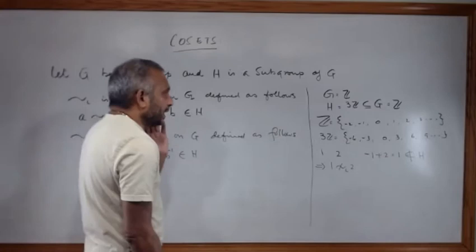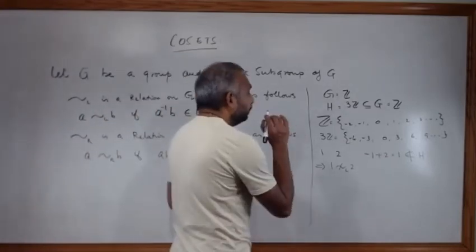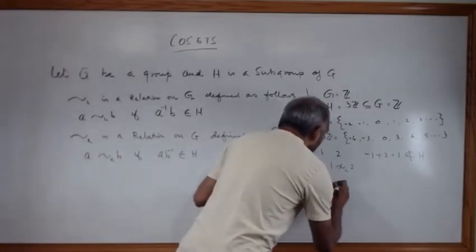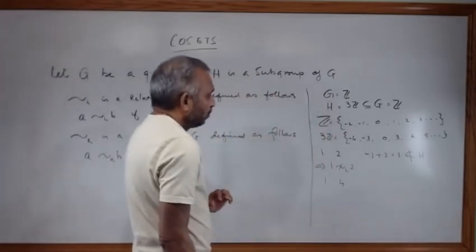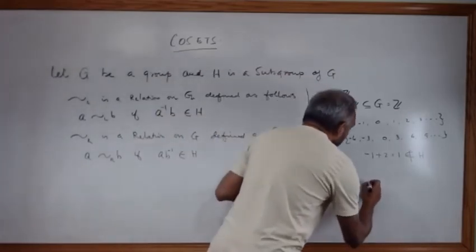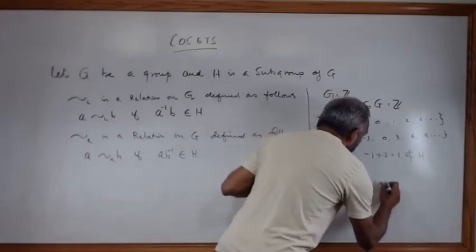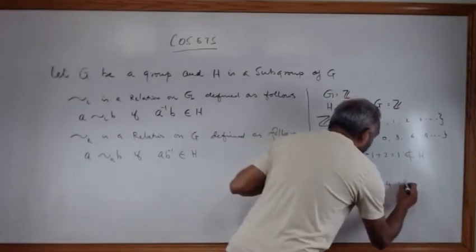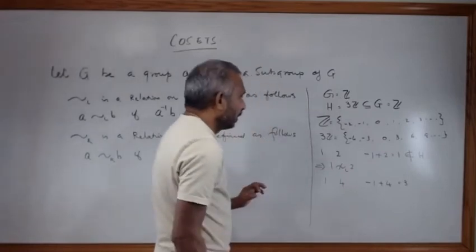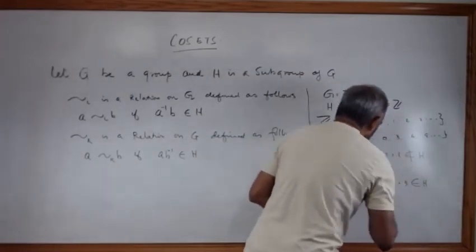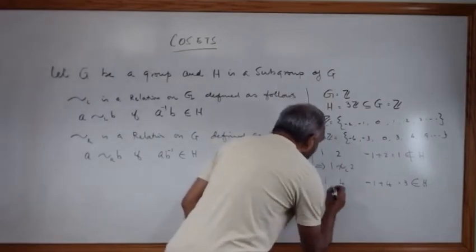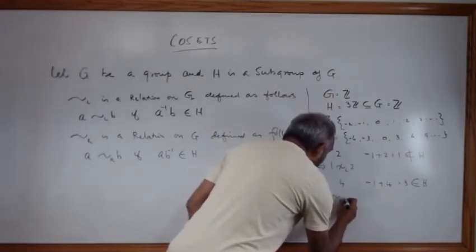Let us take another example, 1 and 4. This is actually minus 1 plus 4 and that is equal to 3, and that definitely belongs to H, and hence 1 is left related to 4.